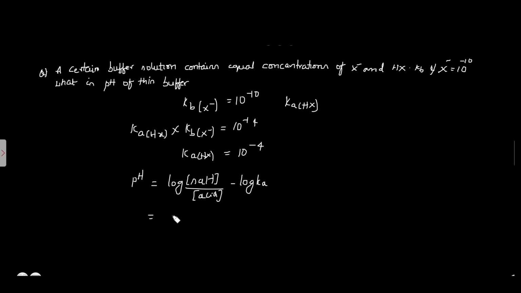So directly you can write it down, log 1 minus log Ka, 10 power minus 4, right? So this implies log 1 equal to 0, right? So minus of minus 4 into log 10, 1, right? Into 1 equal to plus 4. Here the pH of this buffer solution is 4, right?